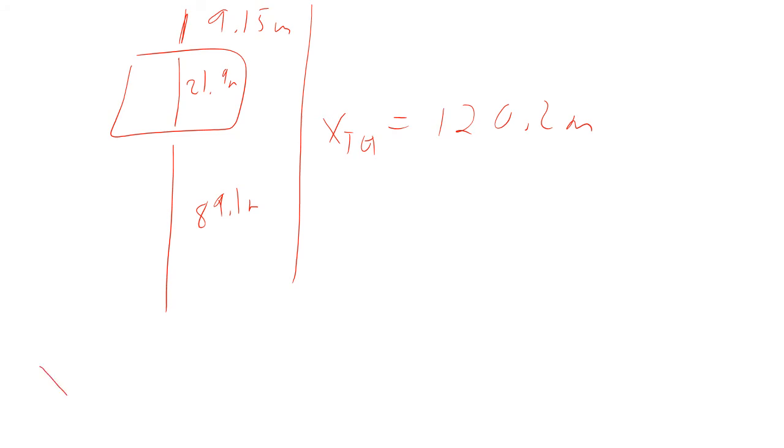So we know that x equals 1/2 gt squared, so I could solve for t. And we know that v is going to be equal to g times t. Now, I could solve for t and get a number and plug it in the other equation, or t equals the square root of 2x over g.